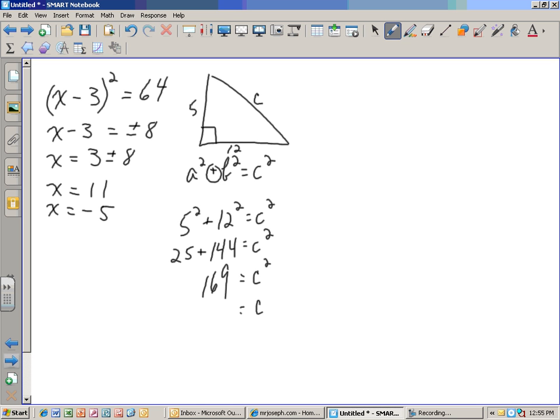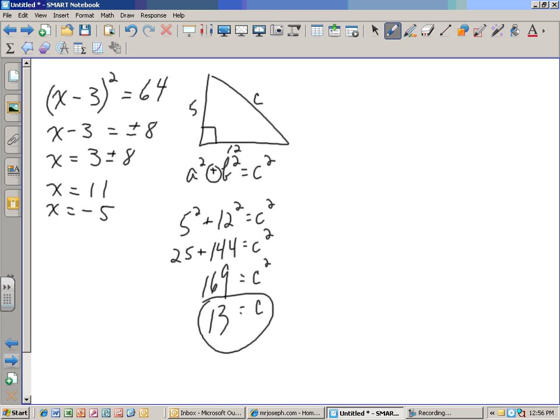The third side would equal what? 13. Plus or minus? No. You can't have a negative distance, right? So in this case, it's not going to be a plus or minus situation because we're talking about a distance. All right?